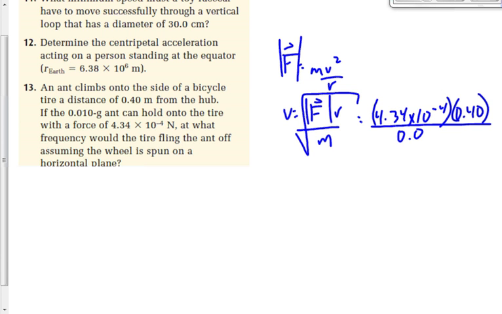I'm just going to say 0.01 times 10 to the minus 3, because 1 gram is 10 to the minus 3 kilograms. If you want to just move the decimal place, that's okay too. 17.36 meters per second. Now you want to find the frequency.